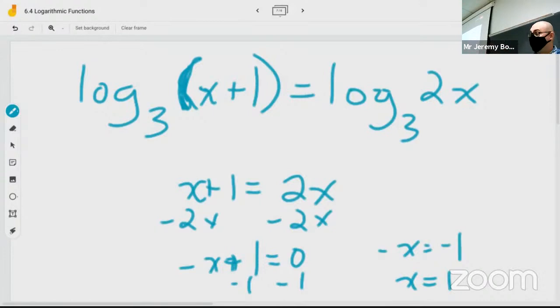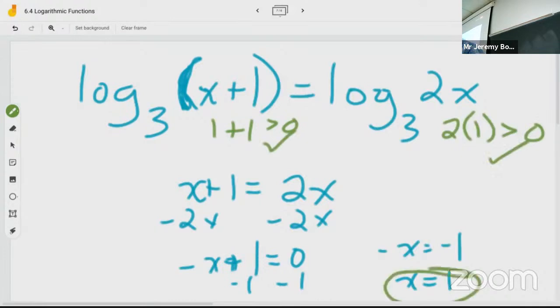Now, once I solve that, I do need to make sure that that value is in the domain. I need to plug it into all of the logarithms that I start with and ask, okay, well, is 1 plus 1 greater than 0? And is 2 times 1 greater than 0? Those will both check out, and so that is a valid solution.